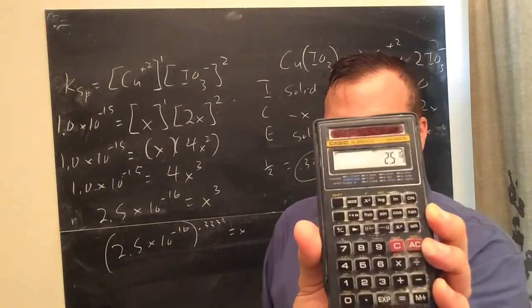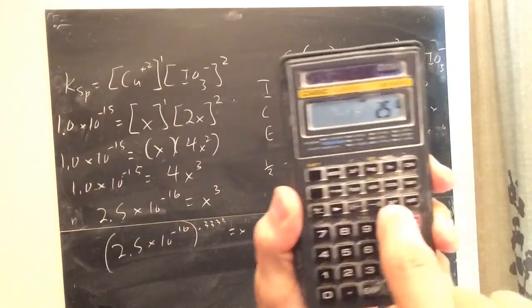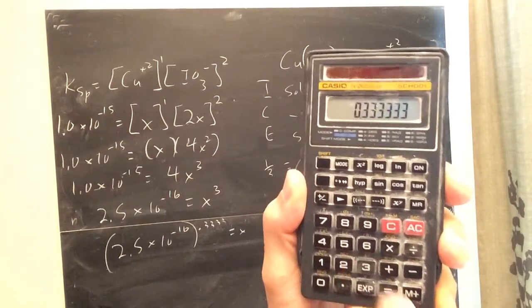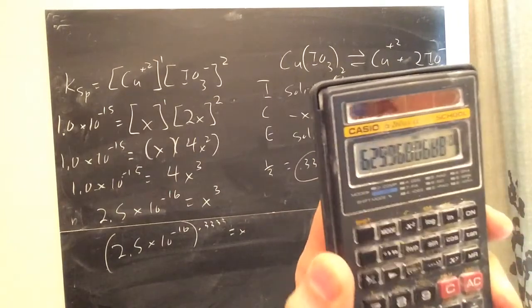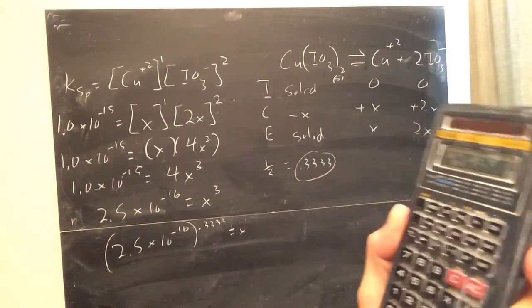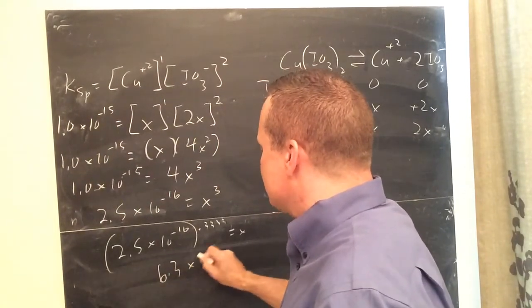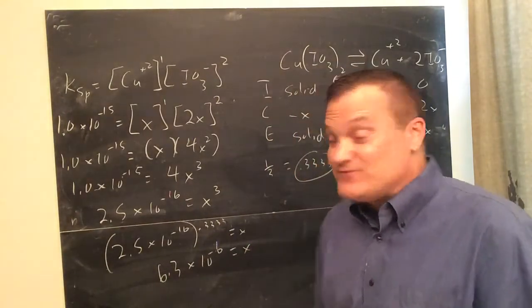So I'll just put 2.5 times 10 to the negative 16. Then I use the x to the y button here, and I'm going to raise it to the 0.333333 power. And I get 6.3 times 10 to the negative 6. So 6.3 times 10 to the negative 6 equals x. What did we just find?